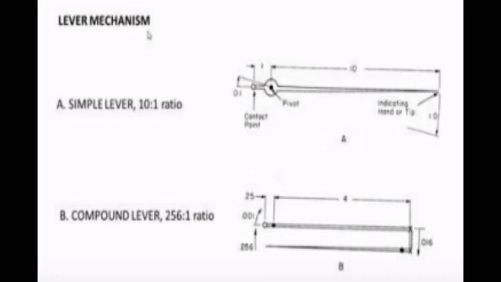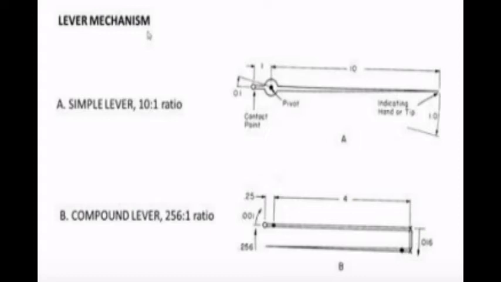So the displacement signal is amplified by 10 times. Now this shows a compound lever wherein we get an amplification of 256 times. This is the contact point, there is a pivot, and here we have another secondary lever. So totally we get an amplification of 256 times.